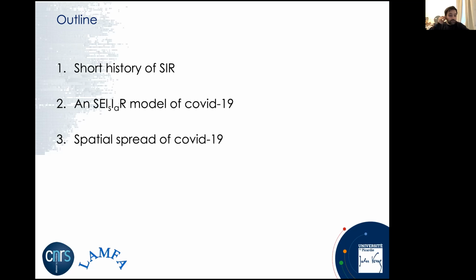Most of the models used for COVID-19 are based on the same idea as the very first one. Then I will show you a model we developed. And at the end, I will present, maybe a little bit more interesting in terms of mathematics, a model taking into account the space.